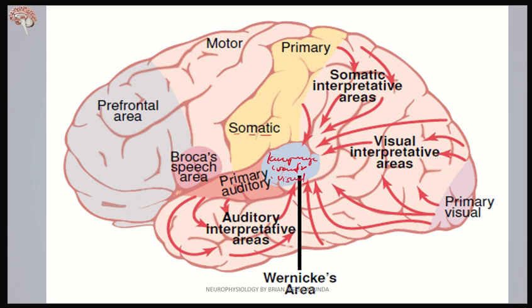And of course, sometimes you can also have the somatosensory area, not specifically in terms of language, but it can also be important. Consider those who sometimes use braille.